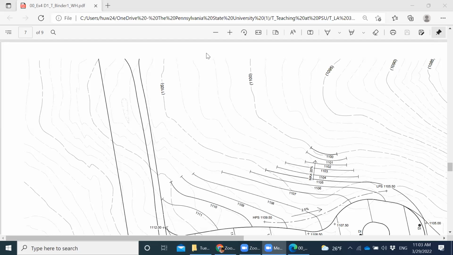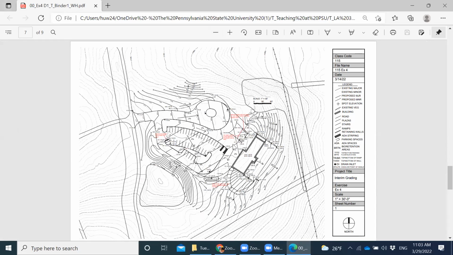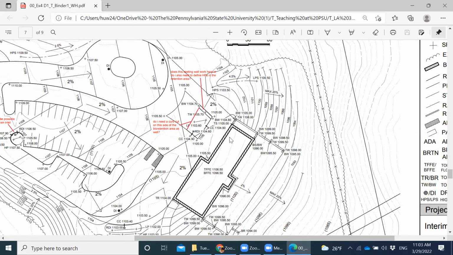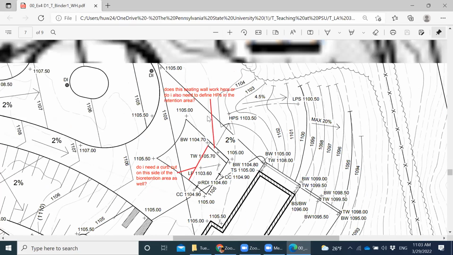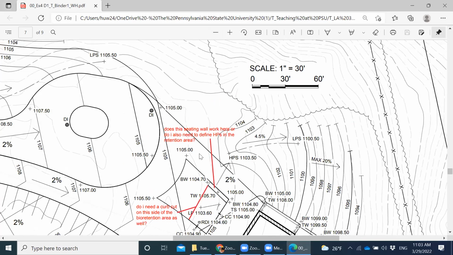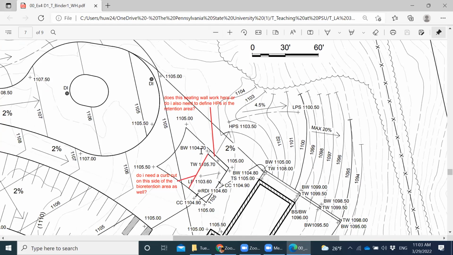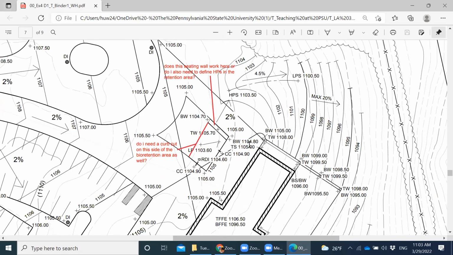So, what did I do? Well, I like busy drawings. Does this sitting wall work here, or do I also need to define HPs in the retention area? Nope, you can use a wall.